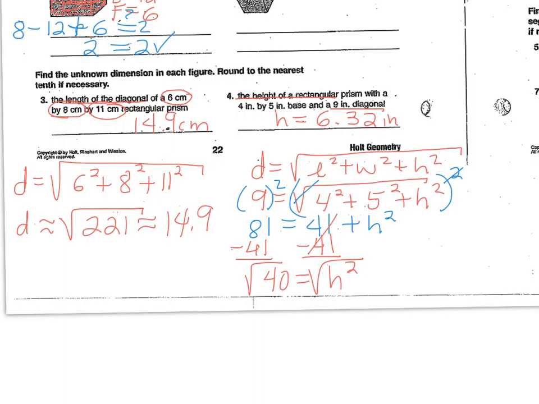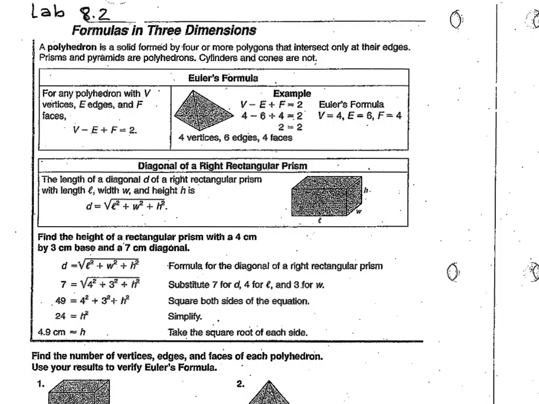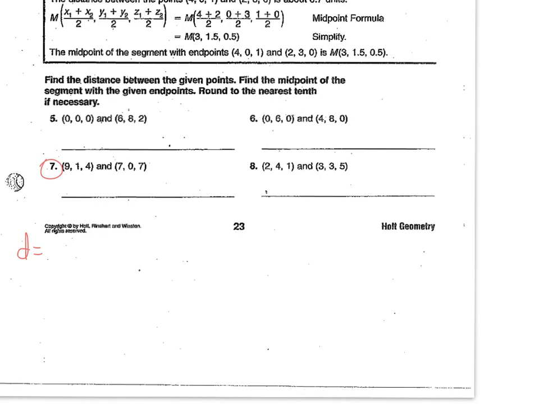So now let's move on to the second part. If I want to find the distance using the distance formula that was given at the top, let me label the points: x1, y1, z1. The second point is x2, y2, z2. And then just put it into the formula.